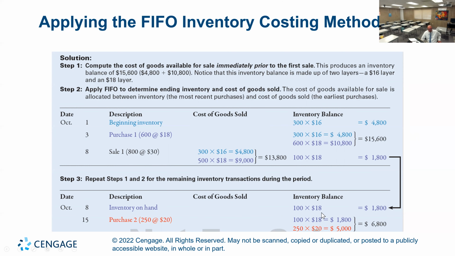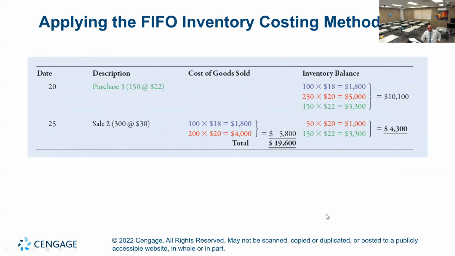Here, our inventory went up when we did some purchases. Our inventory went up again when we did some purchases. And then when we made this sale, we had to go back through and find out how much we sold there. That was our cost of goods sold there. This is our ending inventory. This is what I was talking about.